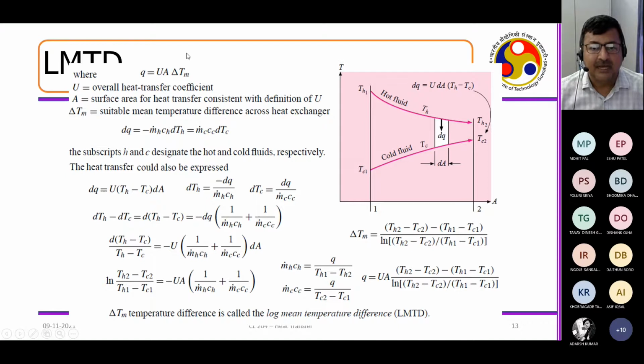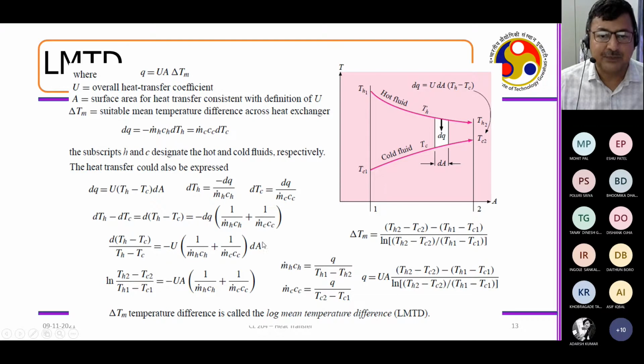So dQ is equal to U into TH minus TC dA. If you replace this Q with U into this, you get a rearranged equation where d of TH minus TC divided by TH minus TC is equal to minus U into this into dA.